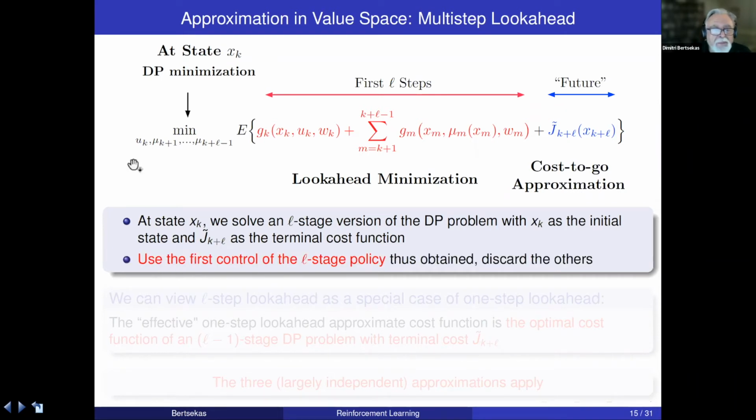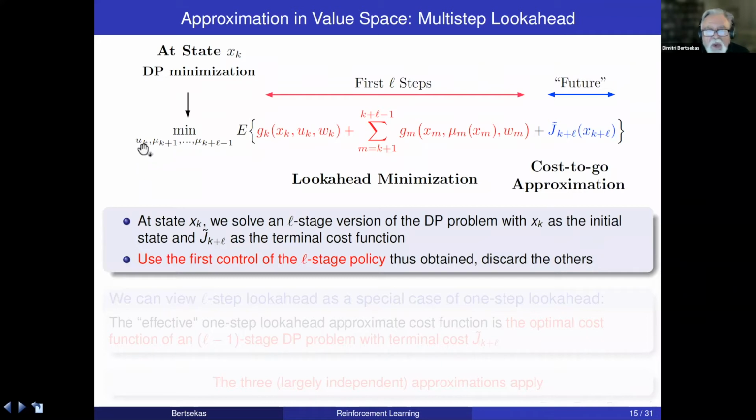Then we obtain a sequence of controls to apply at the various stages. At state xk, a control uk, and then policies, control functions for the remaining L-1 stages. This is the result of this finite horizon problem, L stage problem that we solve. And what we do is use only the first element of this optimal sequence and throw all this mu stuff away.